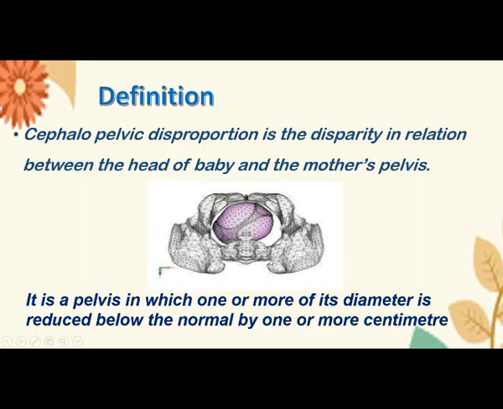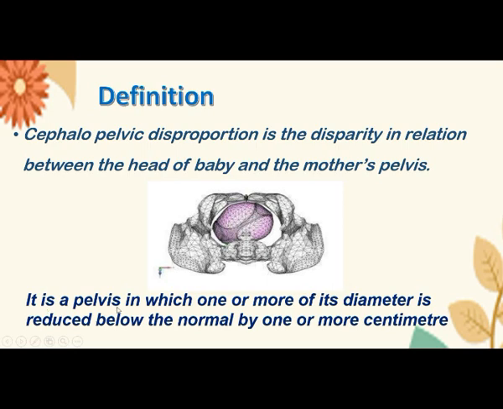We can see the definition. Cephalopelvic disproportion is the disparity, meaning the head and the pelvis are not properly accommodated in relation between the head of the baby and the maternal pelvis. So it is a disparity between the fetal head and the maternal pelvis.